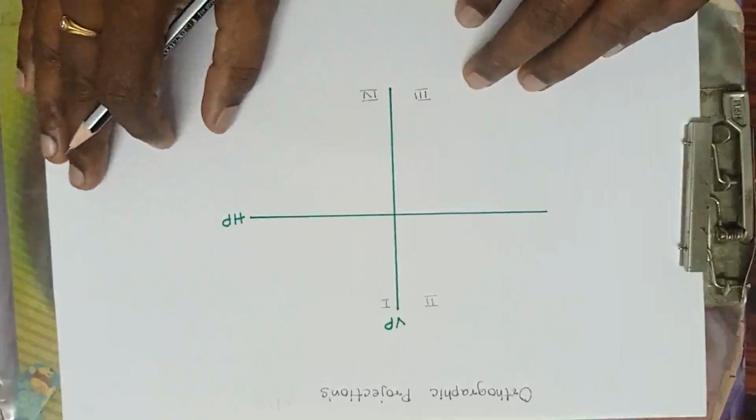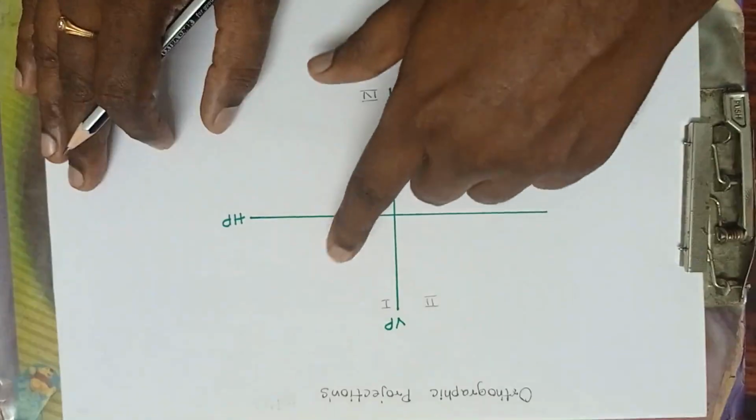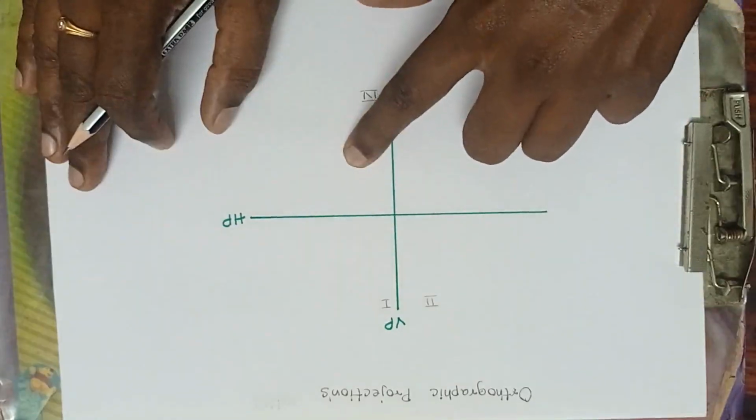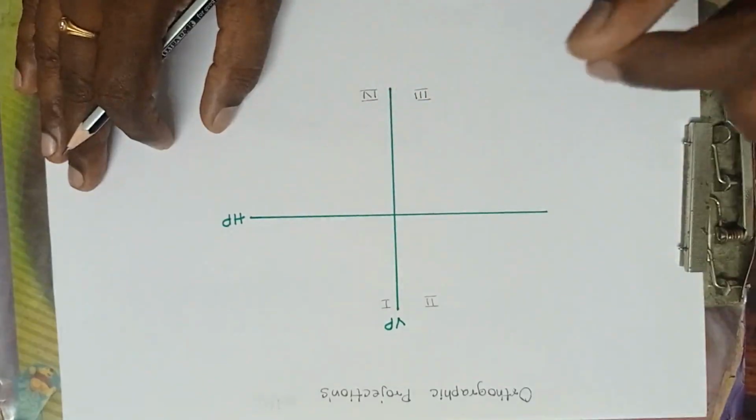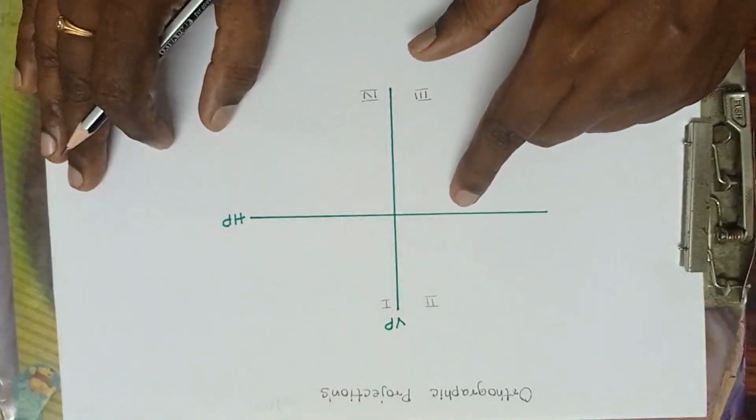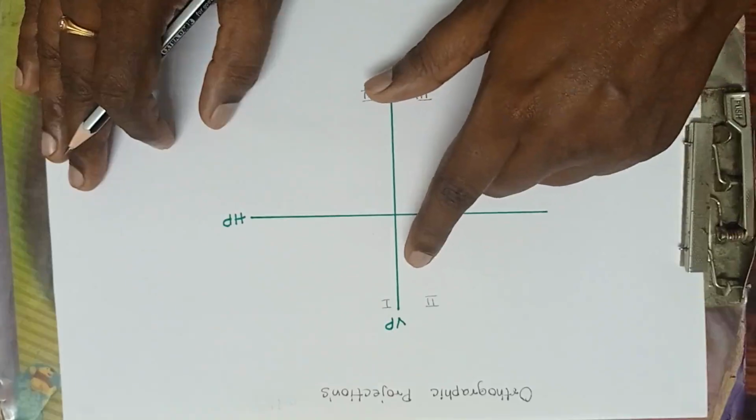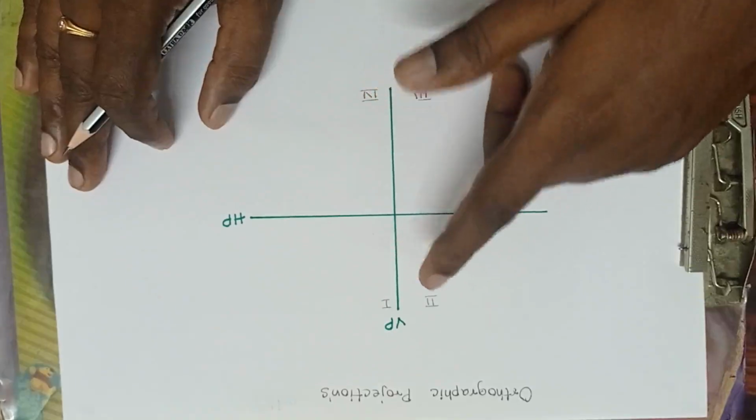So we'll put the points individually in different quadrants. Now we have to address them with respect to the horizontal plane and with respect to the vertical plane.